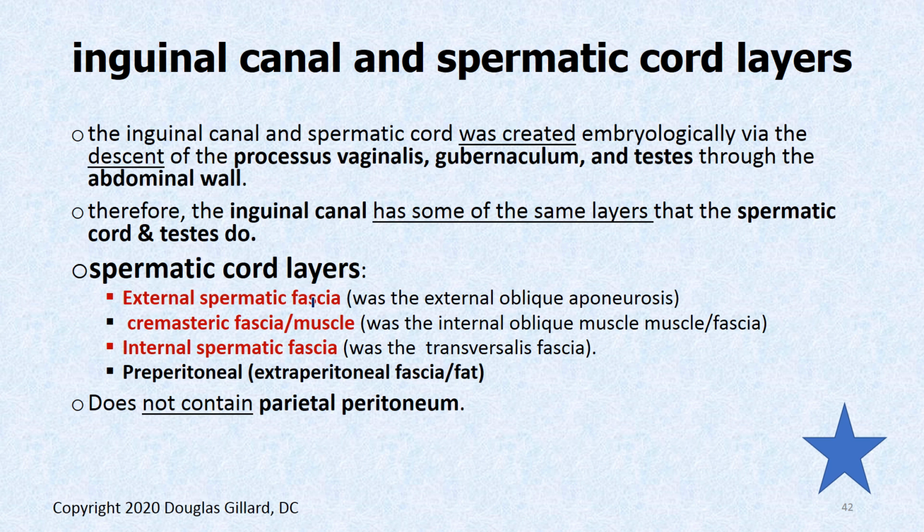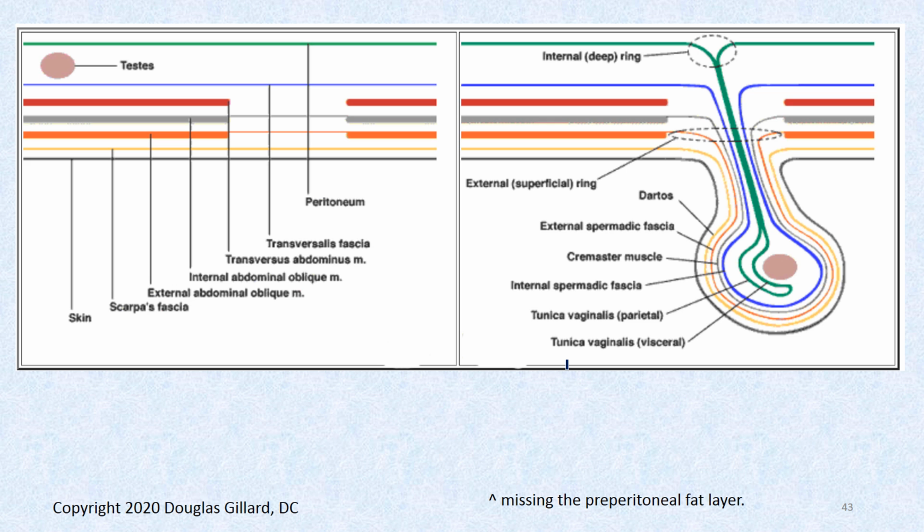So we have external spermatic fascia, cremasteric fascia, internal spermatic fascia, and you know who these were. The external spermatic fascia was external oblique aponeurosis. Cremasteric, internal oblique aponeurosis. Internal spermatic fascia was transversalis fascia. Transverse abdominis doesn't get to play in this little scenario.